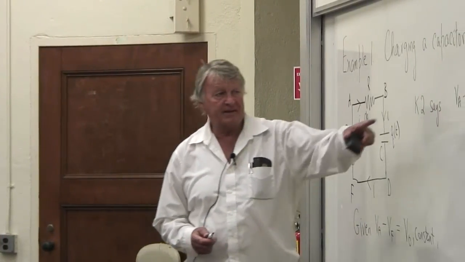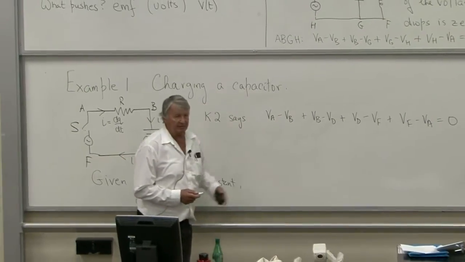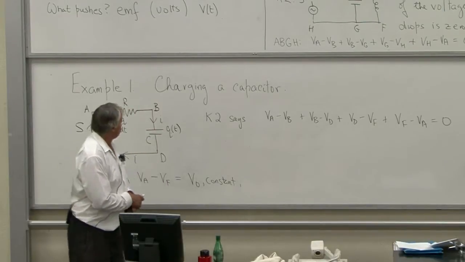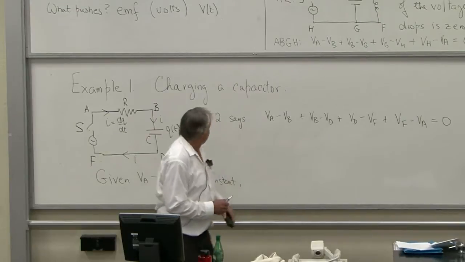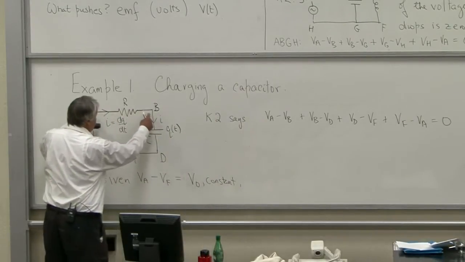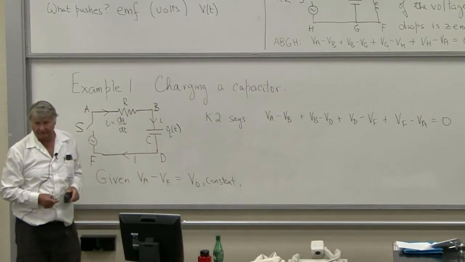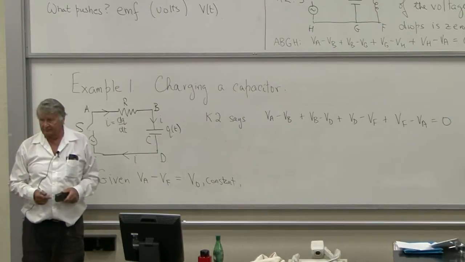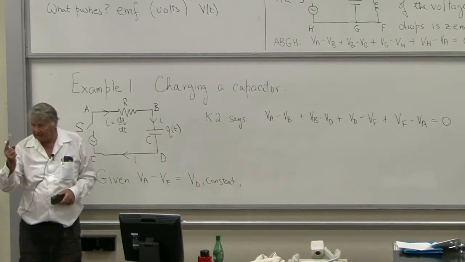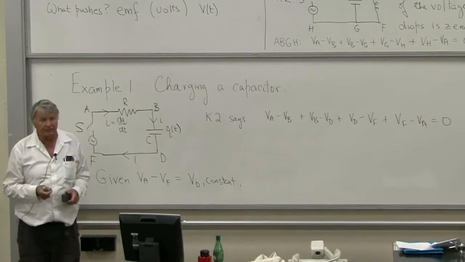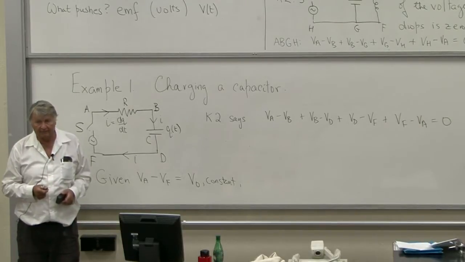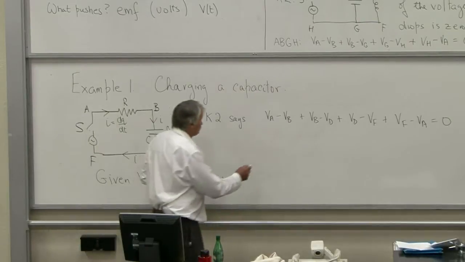So now, what is VA minus VB? We look at the circuit's elements. In other words, what is in here? In this loop, we have a resistance. The current is I. The resistance is R. So what's VA minus VB? Ri.